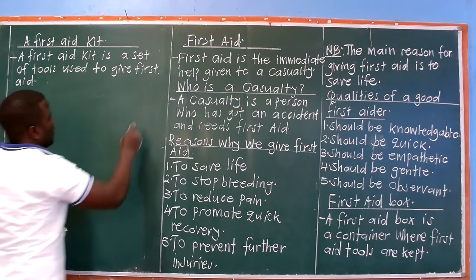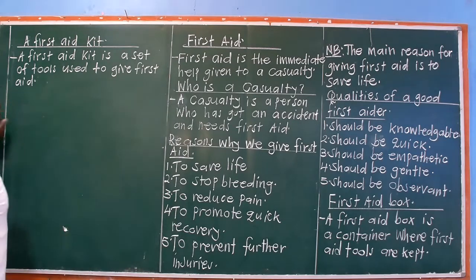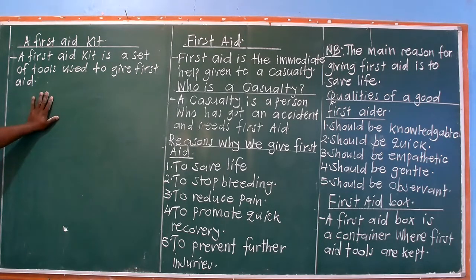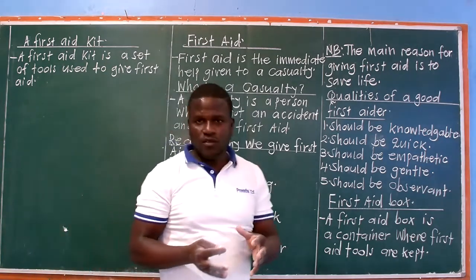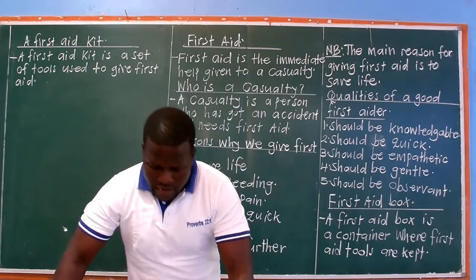That's what we call a first aid kit. Or you can say a first aid kit is a collection of tools used to give first aid. So that collection of tools used to give first aid is what we call a first aid kit.